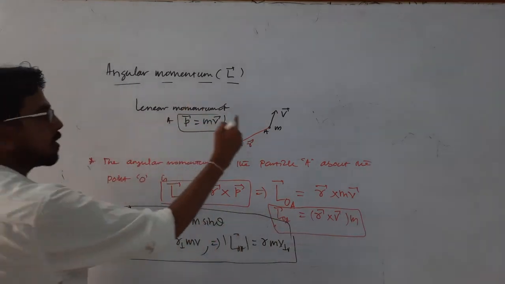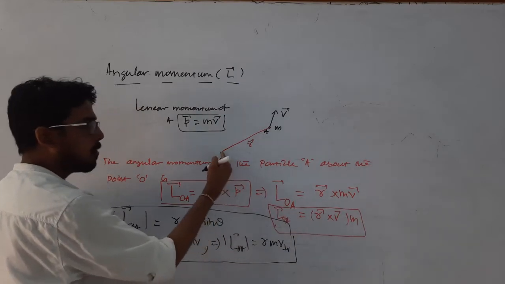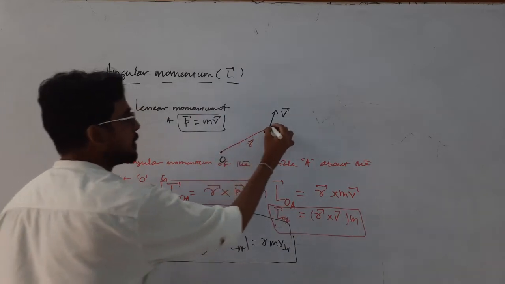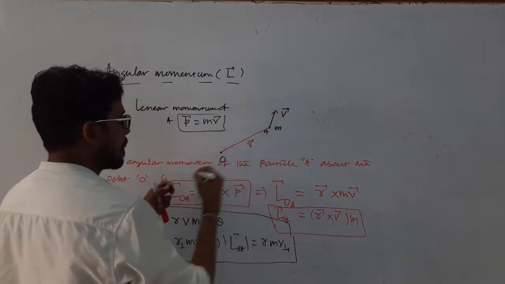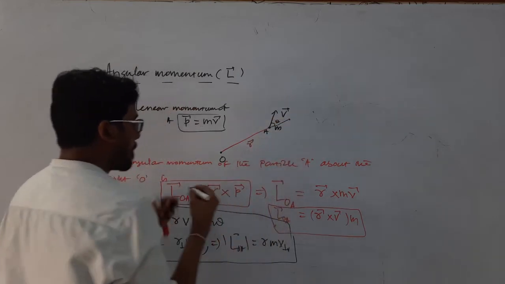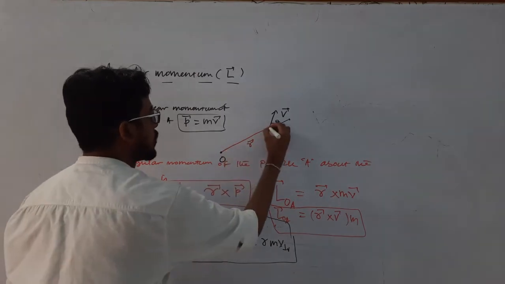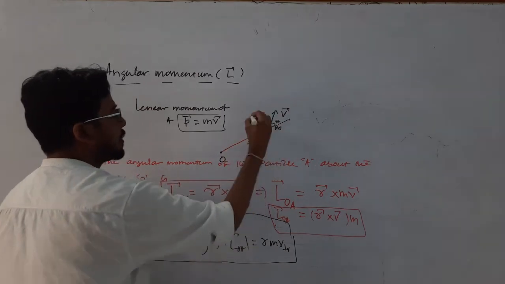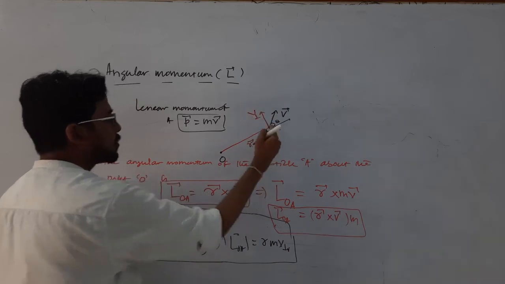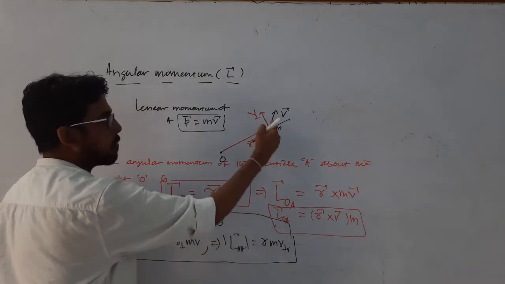That means the angular momentum in vector form can be defined like this about this point O, or by magnitude, if this is the direction of velocity and the angle between the position vector and the velocity is theta, then the perpendicular component of velocity to the position vector will be this one. This is the v perpendicular. So about O, this can be written as r m v perpendicular, that is this component of velocity.